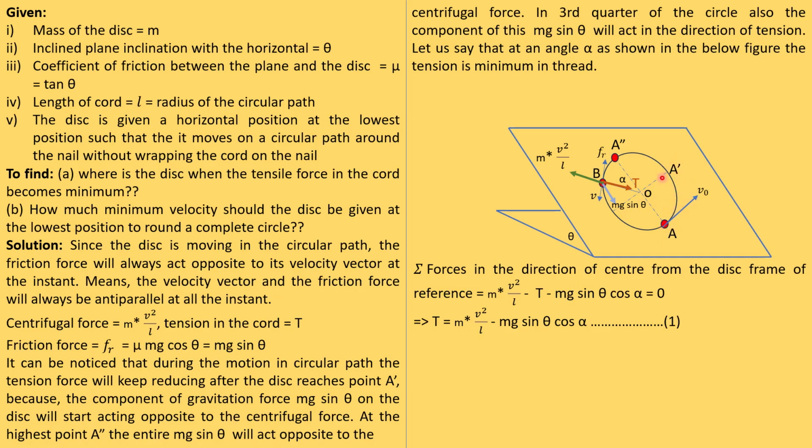But after the point surpasses this A prime point, the component of force will turn towards the center. It is opposite to the centrifugal force, and it will keep increasing. At A double prime position, the entire force of mg sine theta will be acting towards the center.